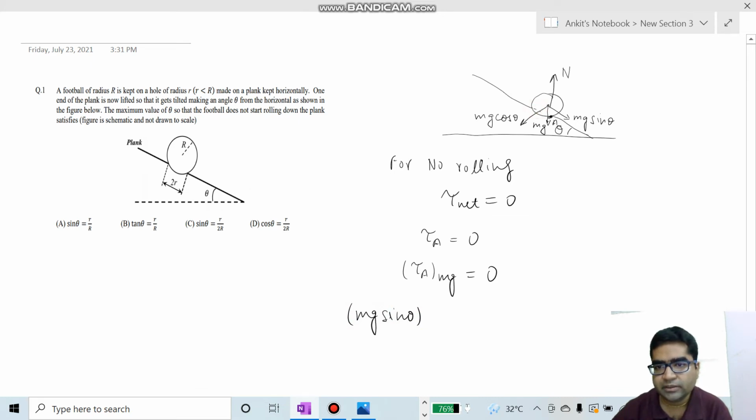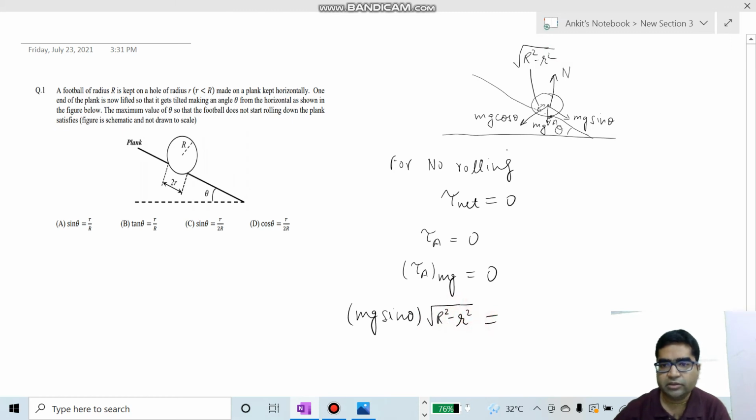This means it will be like this, mg sine theta into this distance. So this is capital R, this is small r. So this distance will come out to be under root of capital R square minus small r square. This will be mg sine theta into under root of capital R square minus small r square.